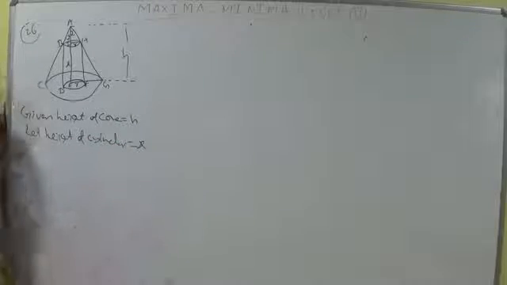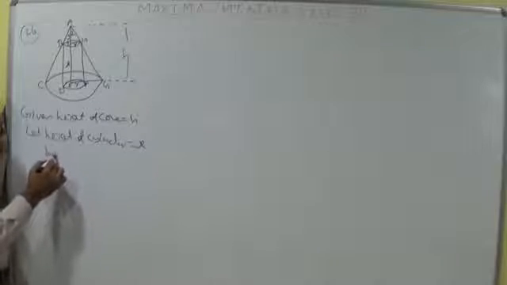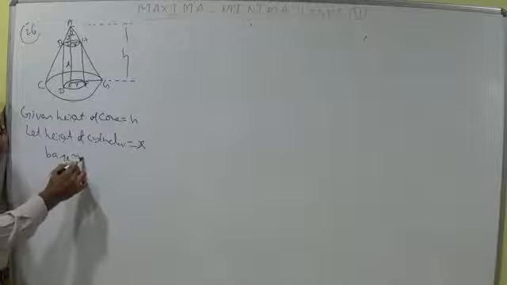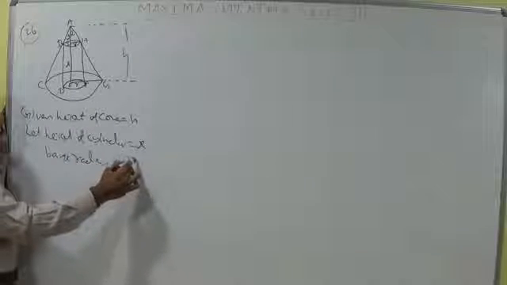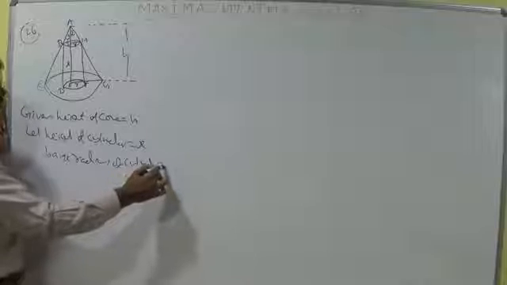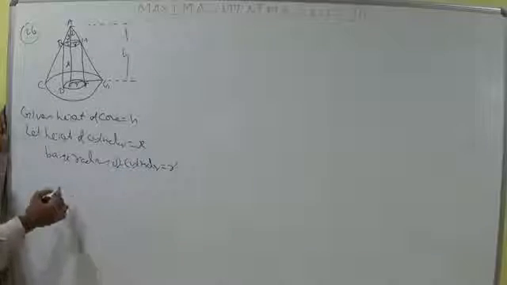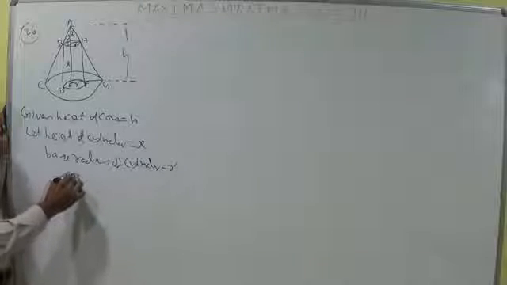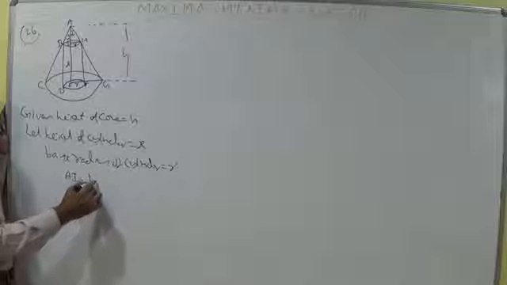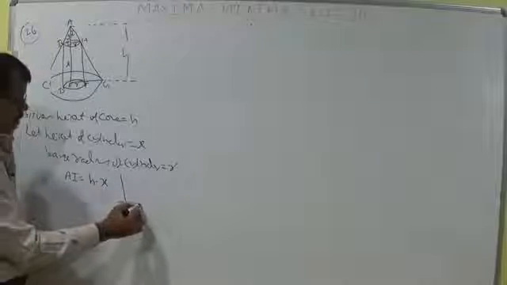Now in the triangle, I am writing, therefore AI is equal to h minus x. Draw the triangle here. This is A, this is I, this is H, capital H. Here it is angle alpha. This is H minus x and this is small r.